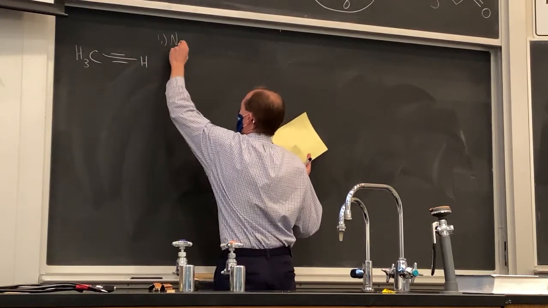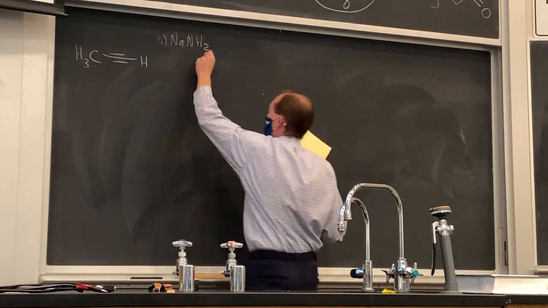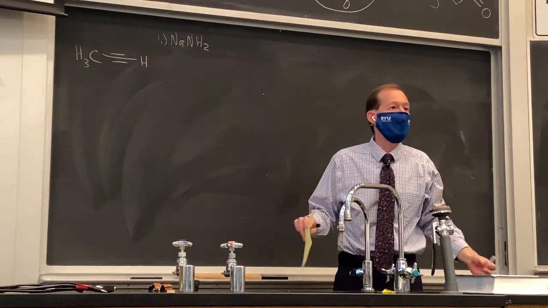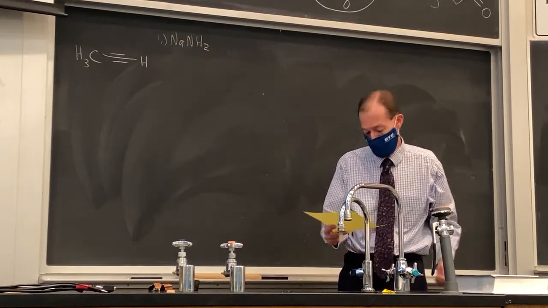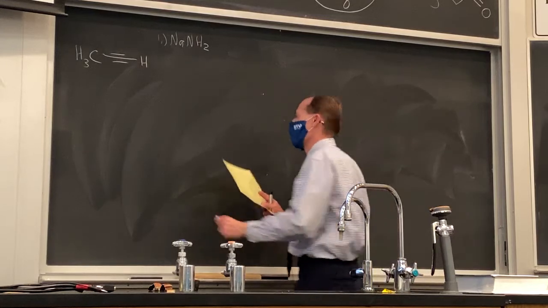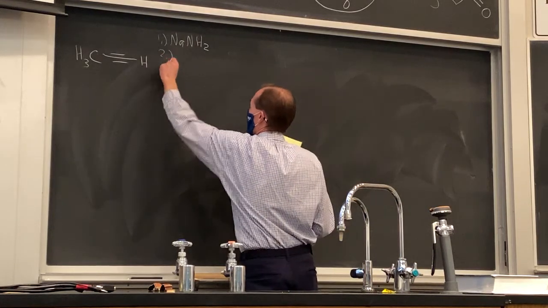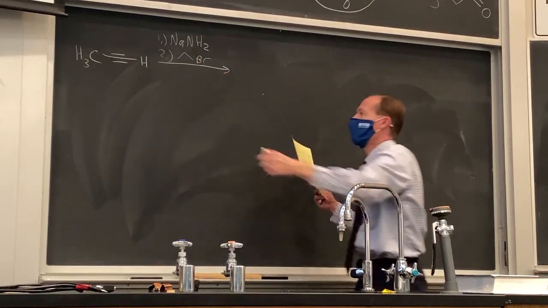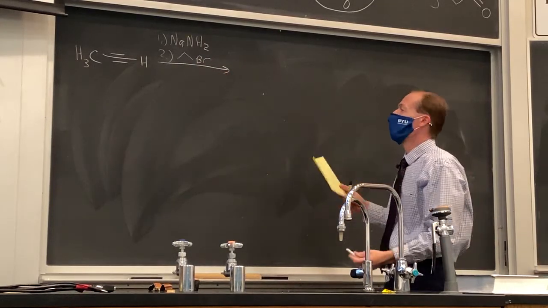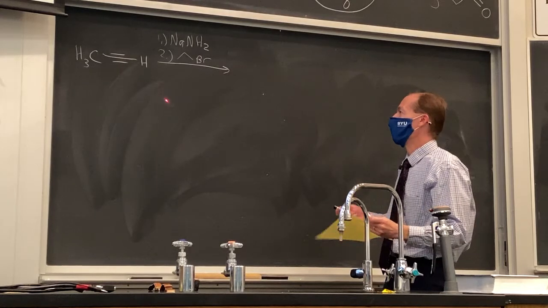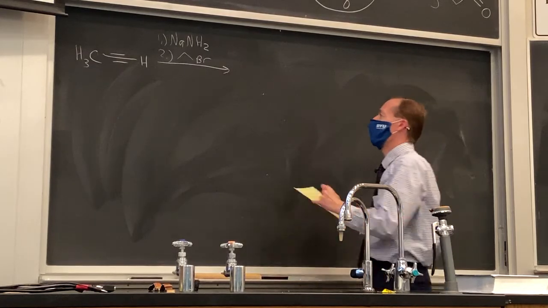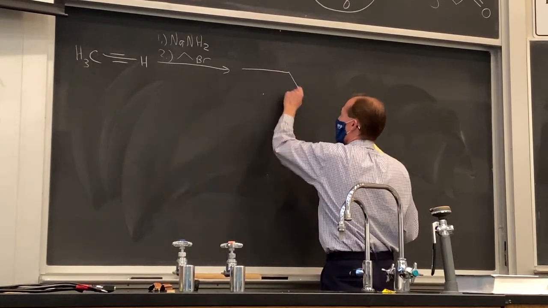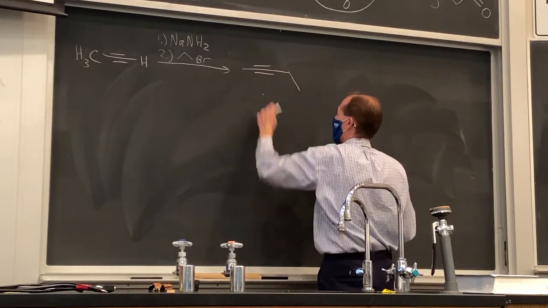And we have to use either sodium amide, NaNH2, or sodium hydride, NaH, as our base. And then if we add a primary alkyl halide, that acetylide ion can react with that primary alkyl halide in an SN2 reaction, giving a new alkyne.